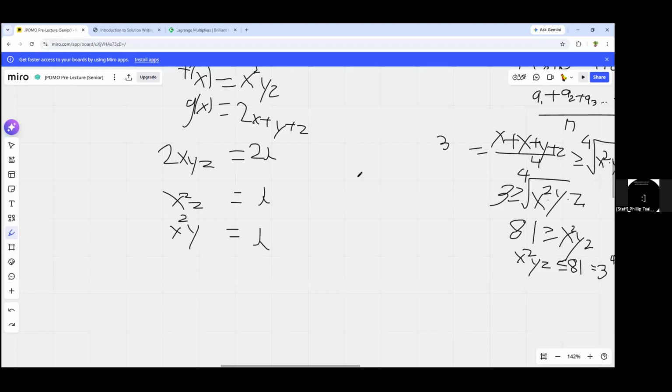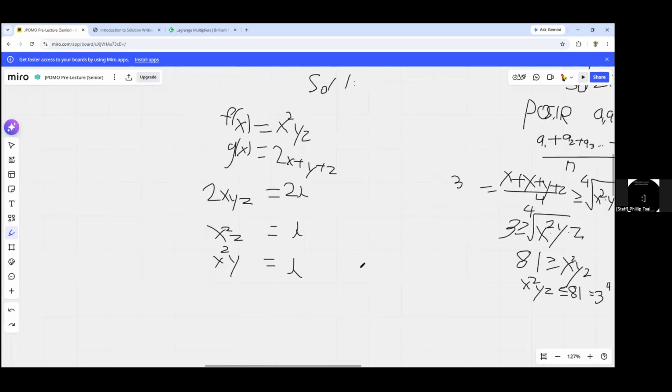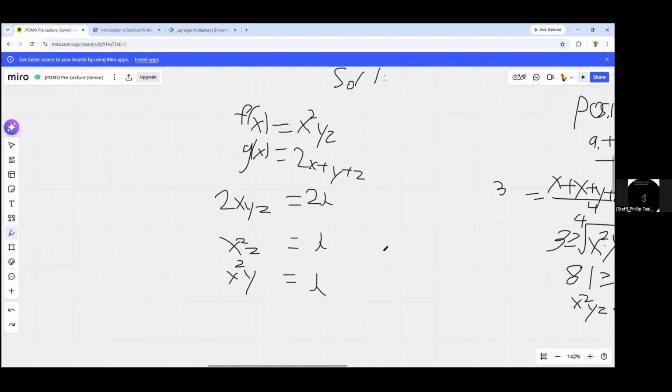Does any of you have any ideas how to solve the system of equations to get the values of x, y, and z? Just a small question first. I know we're getting a bit off topic from the sample problems here, but I think this is very interesting to talk about. And after that, I'll quickly talk about the other problems.